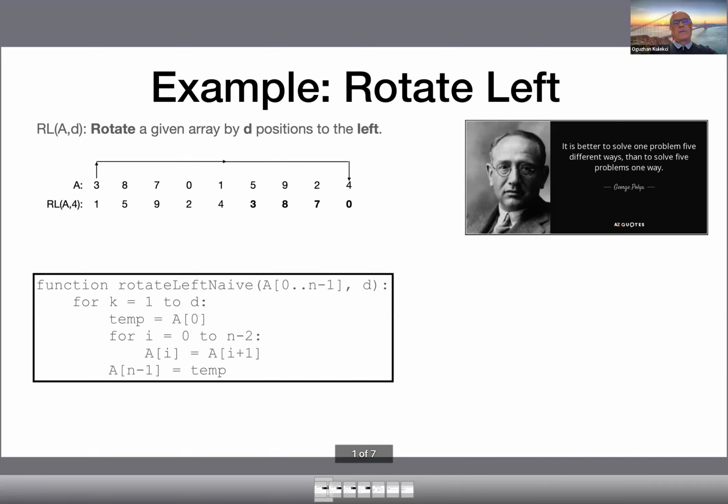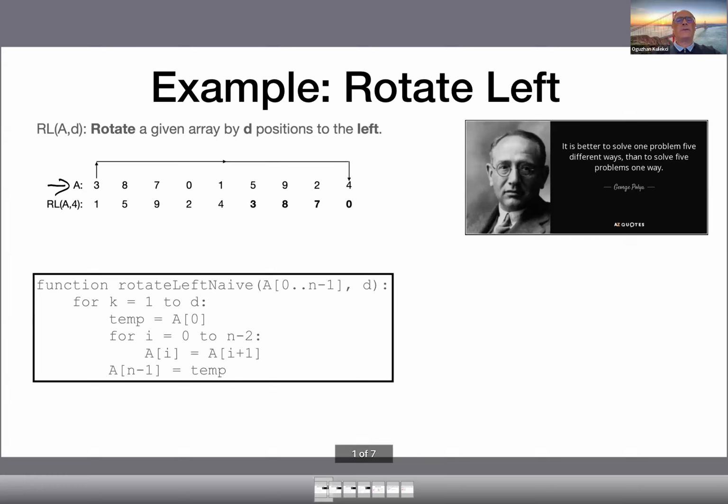The problem that we will be studying is rotating an array. So that is something simple. I believe most of you already have the information for that problem, but let me repeat it again. We are given an array. So let's say this is the array A, and we would like to rotate the elements to the left.